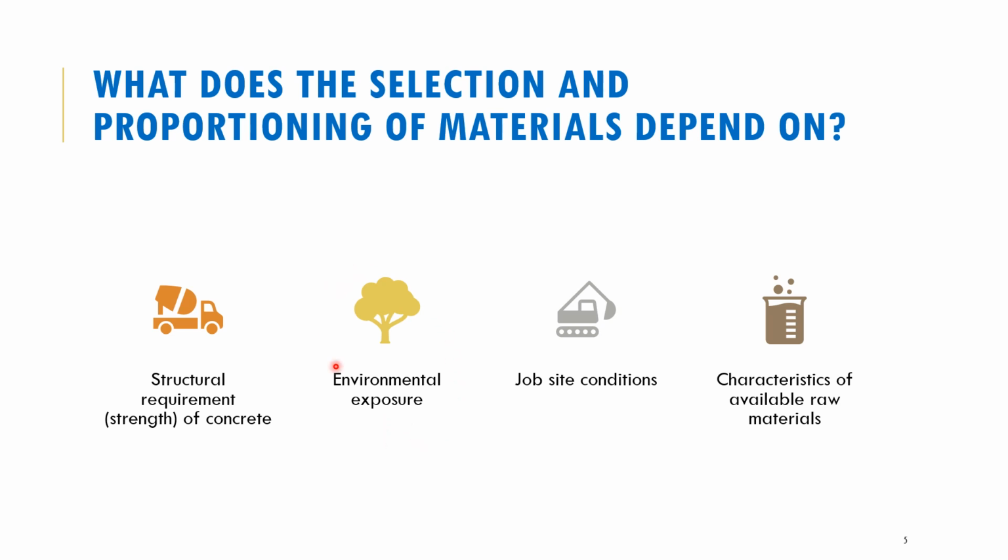So the more strength that you require, the stronger the cement that needs to be used in the concrete mix. And this is something that you have to consider because it will inevitably have impacts in terms of how much energy will actually be expended to produce such cement.